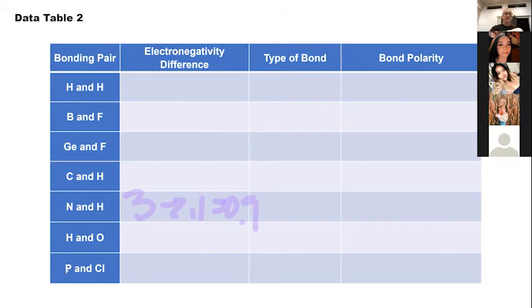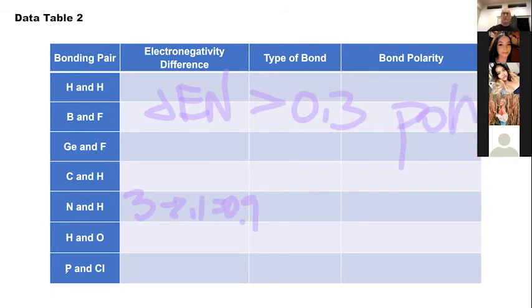Remember, if the difference in electronegativity, delta EN, is greater than 0.3, we say it's a polar bond. If it's greater than 1.8, we say it's ionic. So where does 0.9 fit in?